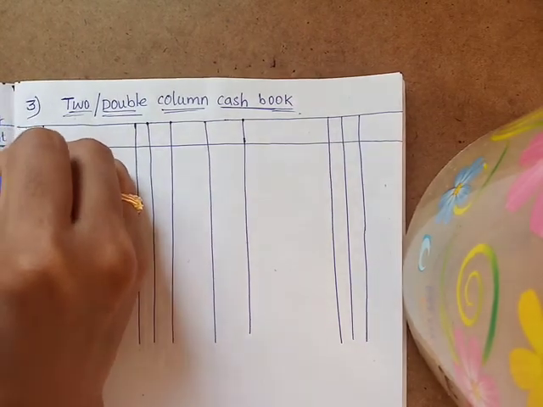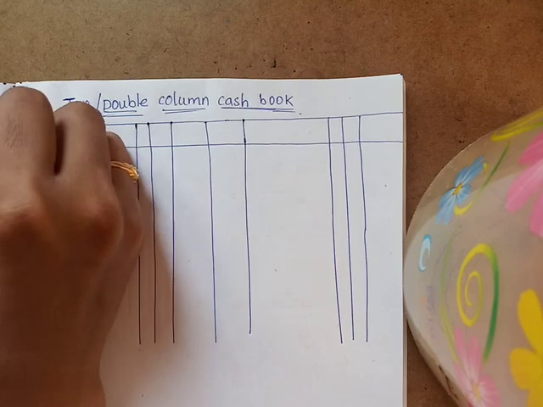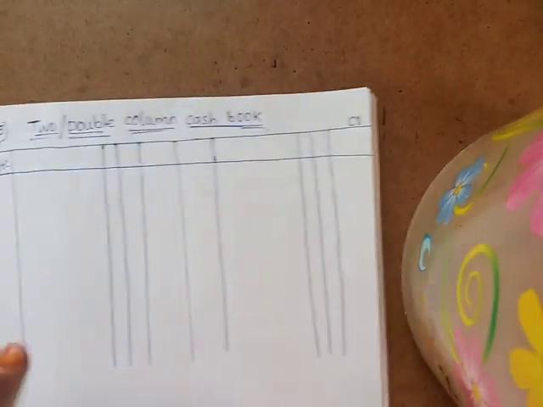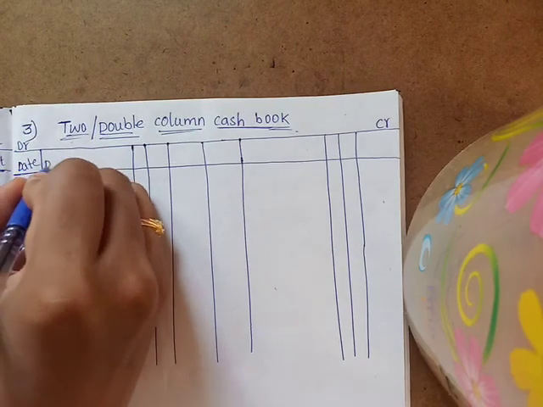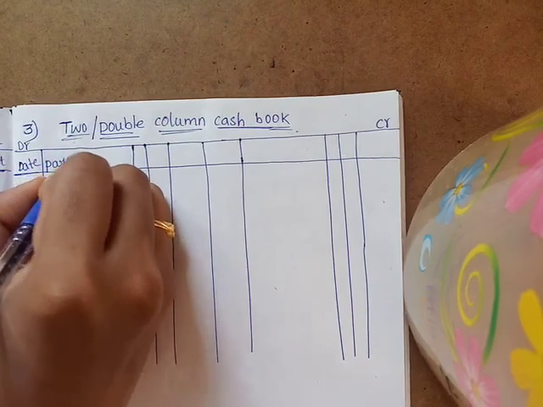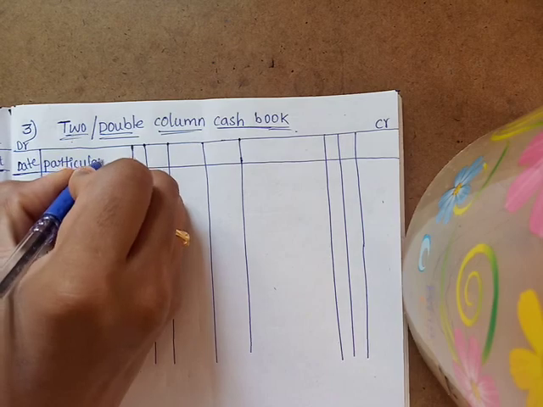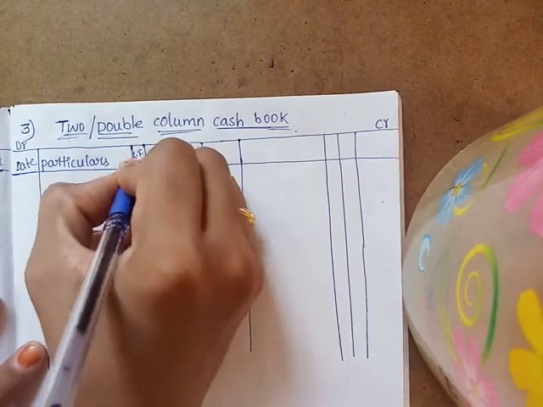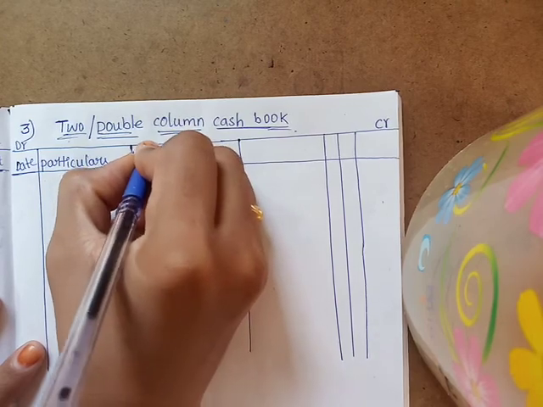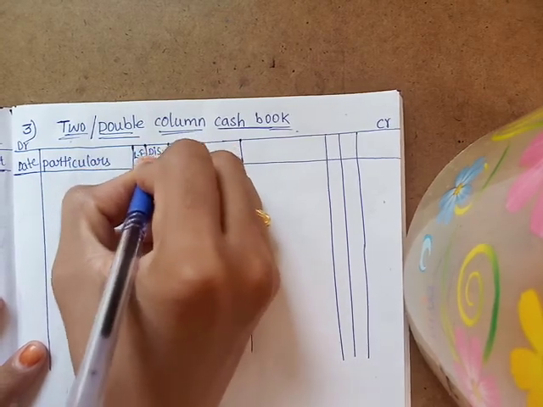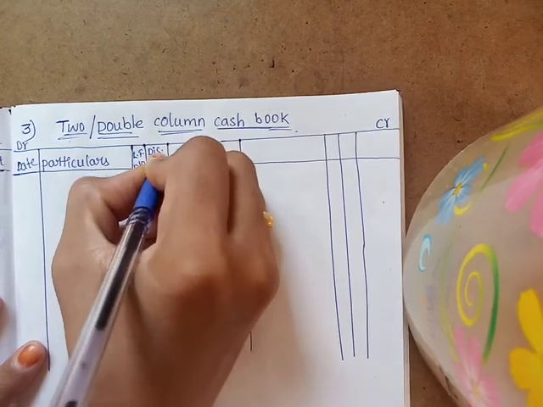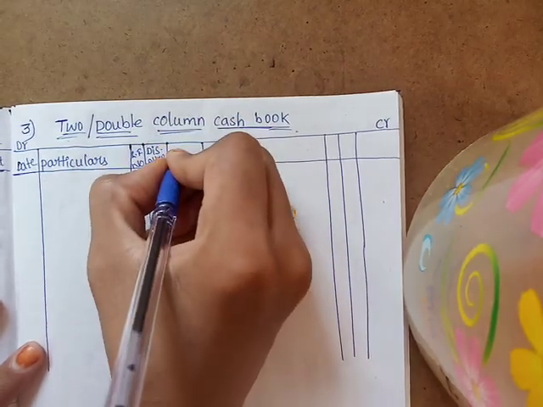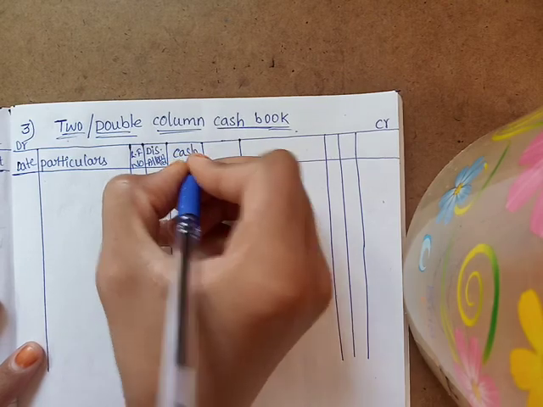On the left hand side is known as debit and the right hand side is known as credit. Date, particulars, LF number, discount allowed, this cash.